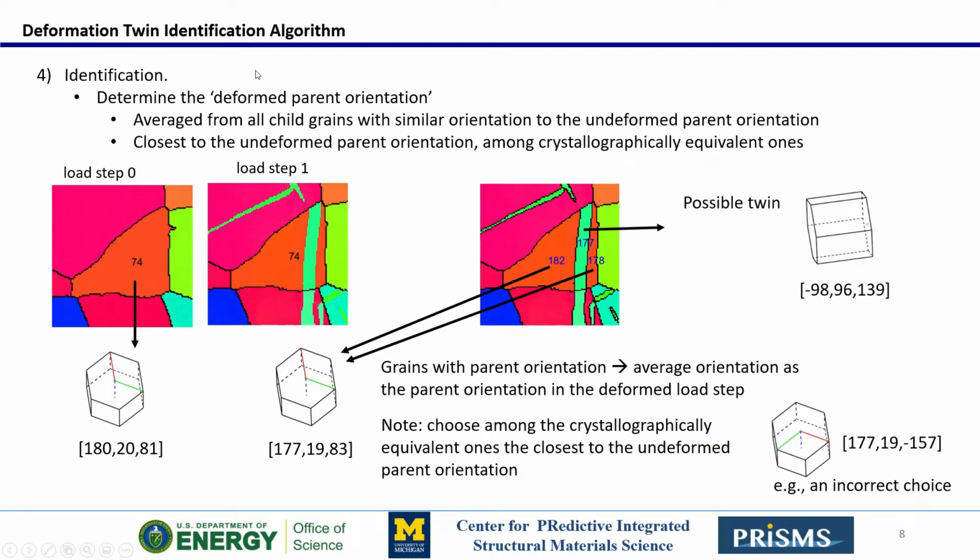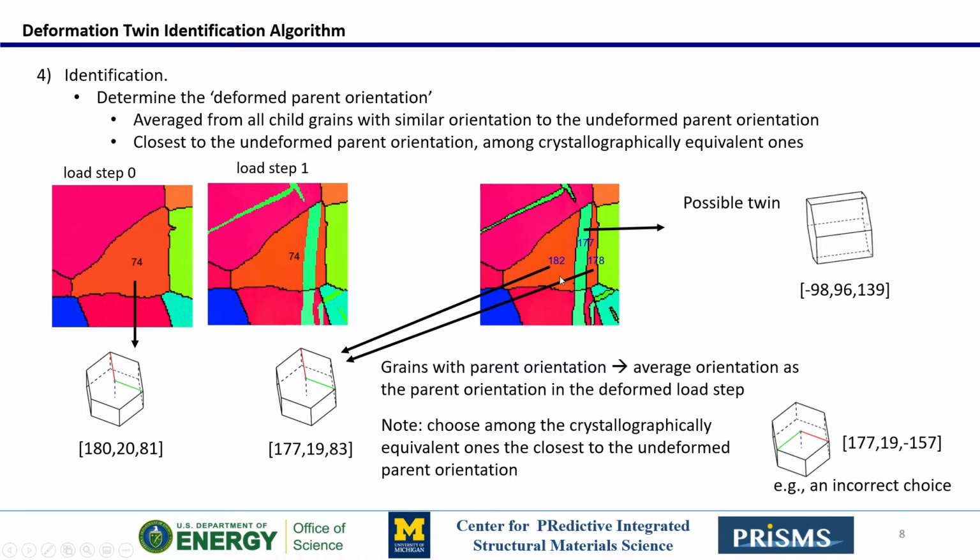After this processing, we finally go to the identification. For each undeformed parent grain, we can find a deformed parent grain, and therefore all its child grains. The child grains, such as child grain 182, 178, that have similar orientation to the undeformed parent grain, are considered to represent the deformed parent grain orientation.